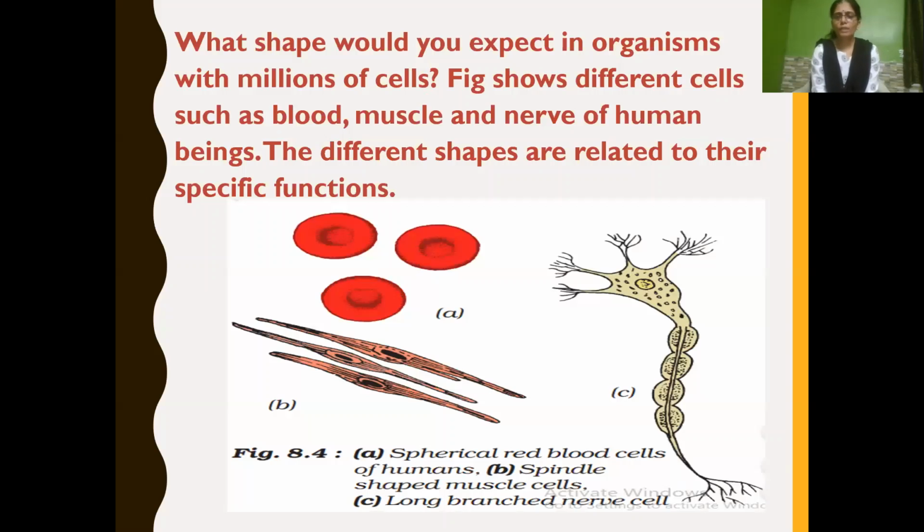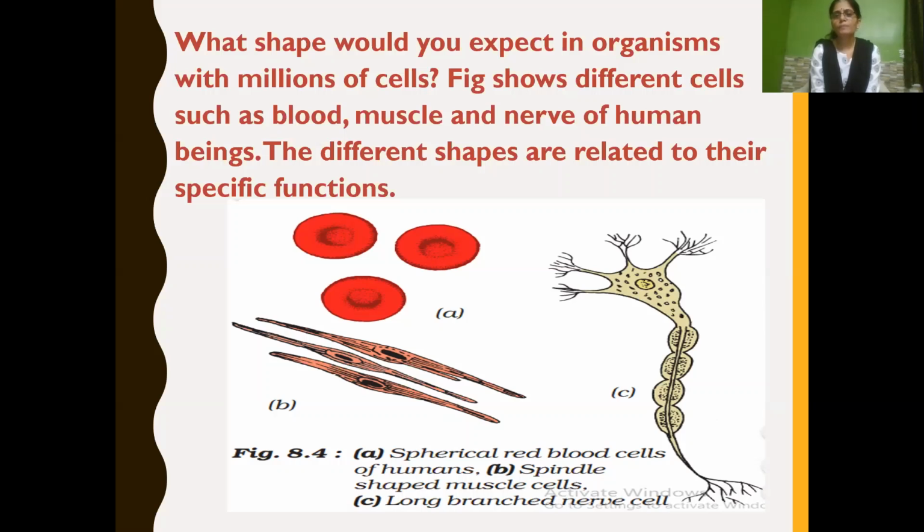And in the same way we can expect various shapes of cells in an organism, because we know that an organism's body is made up of millions of cells, isn't it? And in the following figure, we can see different cells such as blood cells, muscle cells, and nerve cells of a human being.